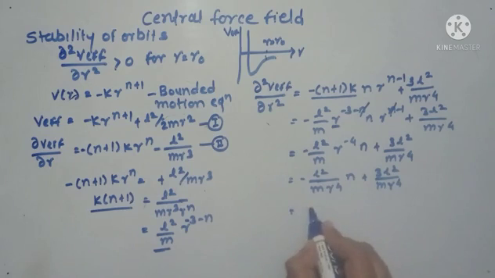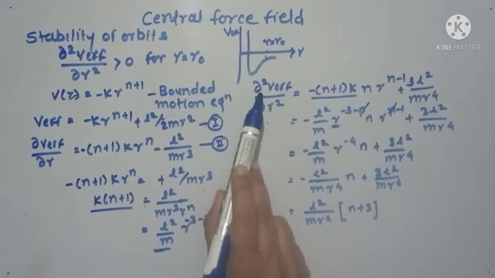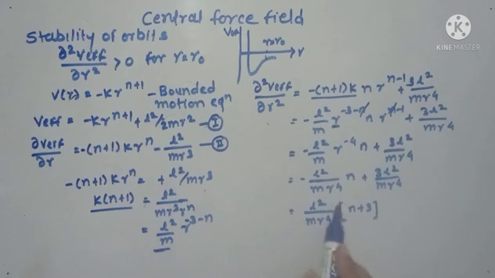Let me take L square upon m r raised to 4 common, and what I am going to be left with is n plus 3, after taking the minus sign common. Now if we want the value of the left hand side greater than 0, then the value of n must be greater than minus 3.